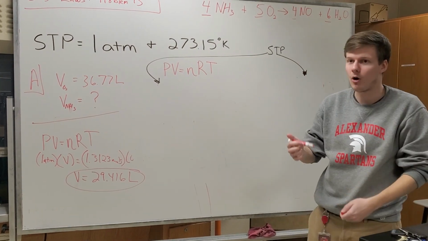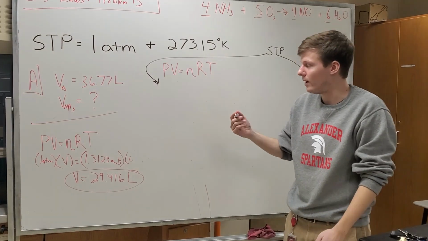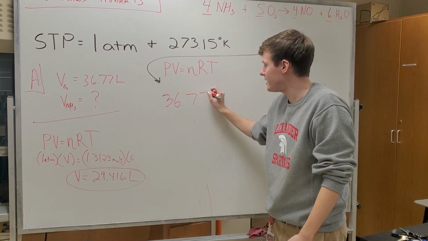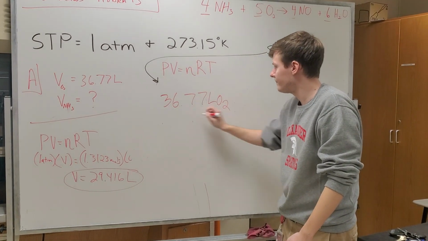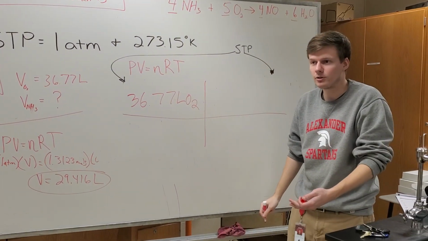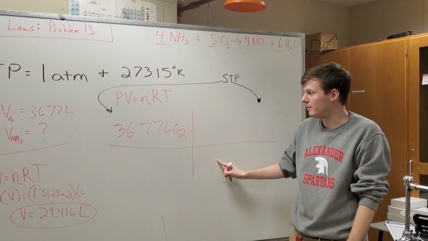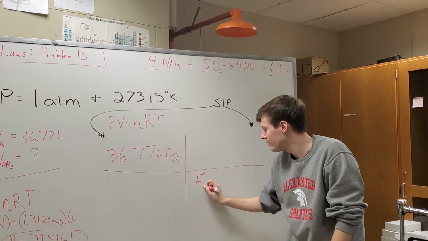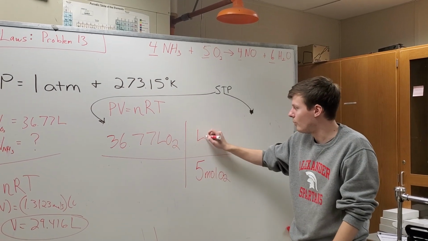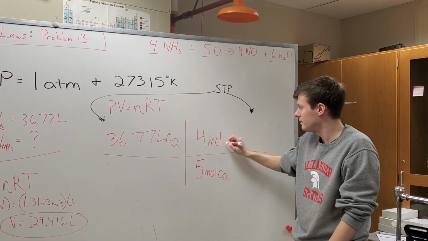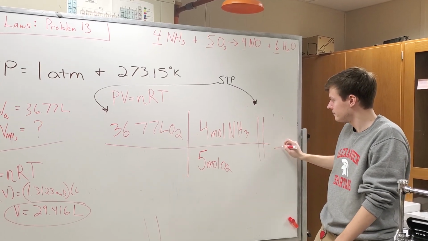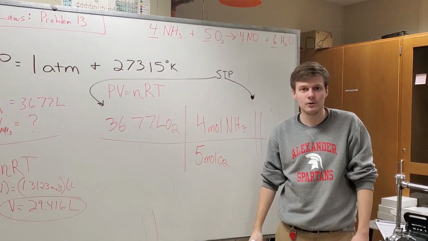So realistically, all you have to do here is say that if you start with 36.77 liters of oxygen, you can immediately start to do the mole ratio. And we know from our problem that there are 5 moles of oxygen for every 4 moles of ammonia.